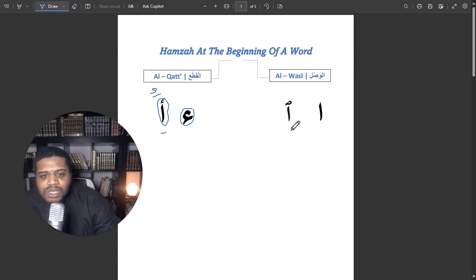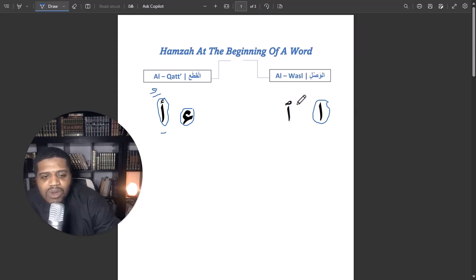The hard part is when we get to Hamzatul Wasl. Hamzatul Wasl can be a bit tricky because it does not have a dhamma written on top of it. It doesn't have a kasra under it. It doesn't have a fatha on top of it. And sometimes it will just come bare like this, and it actually resembles an alif. And this can be confusing sometimes.